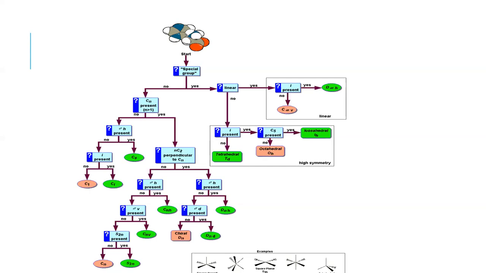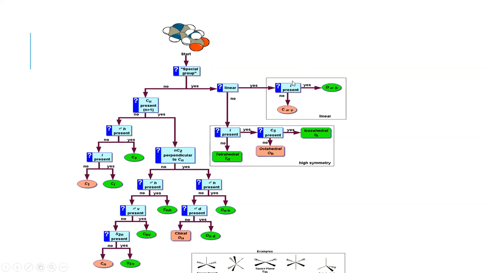If your molecule belongs to special groups, then you have to come to the right side and ask the first question: is the molecule linear? If yes, then you have to ask if the molecule possesses the center of inversion.